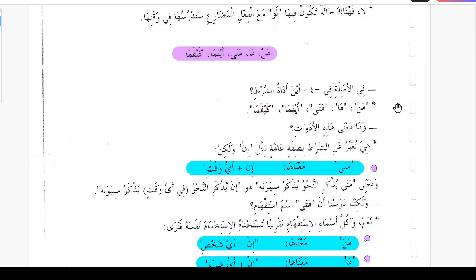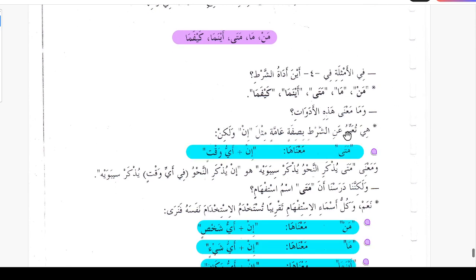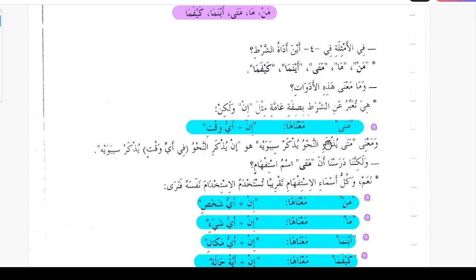Why do we use them? They express a general condition like in, but mata means the same as in plus ayyu waqtin. If you have a condition that applies at any time, then we use mata.